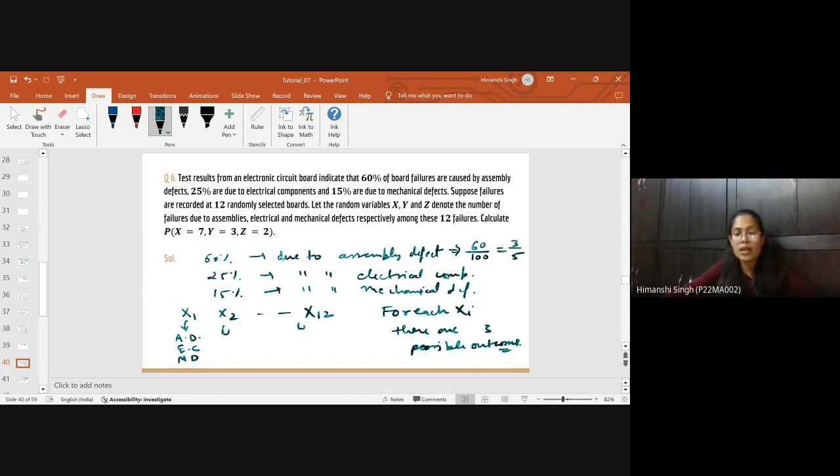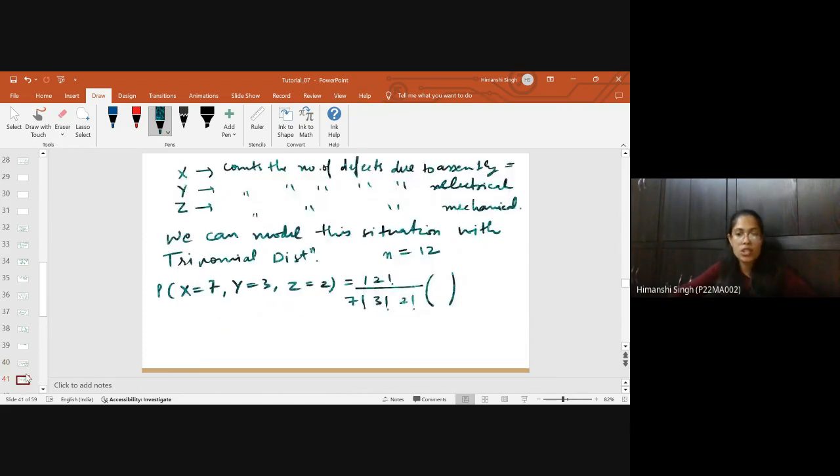For the electrical component defect, the probability is 25 by 100, which is 1 by 4. And for the third one, the probability is 15 by 100, which is 3 by 20. So 3 by 5, 1 by 4, and 3 by 20 are the probabilities for such outcomes.